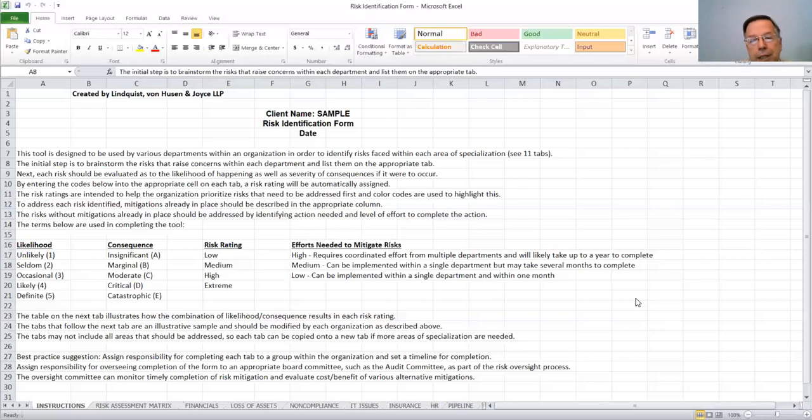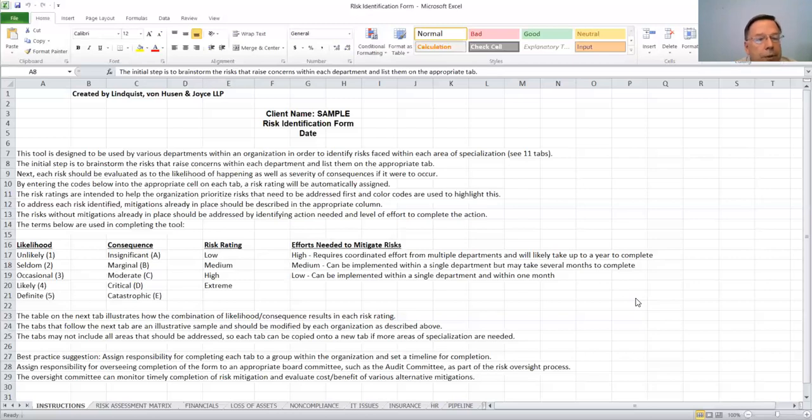It's things like financial statement risk, loss of assets kind of risks, non-compliance risks, IT issue risks like cybersecurity type things, insurance issues, HR issues, keeping the pipeline full kind of risks, competition, environmental, legal, regulatory. It goes on. There's like 11 different categories of risks so far on this form. And then on each tab, there are lists of risks that are specific to that particular area.